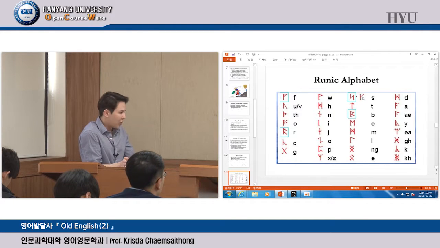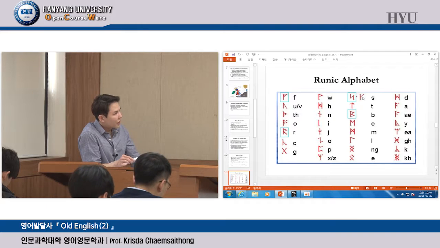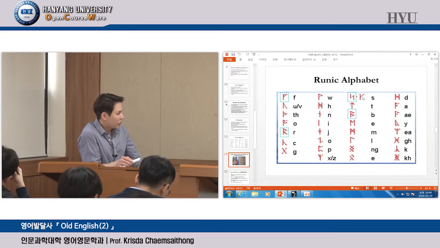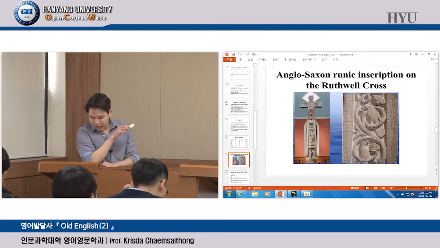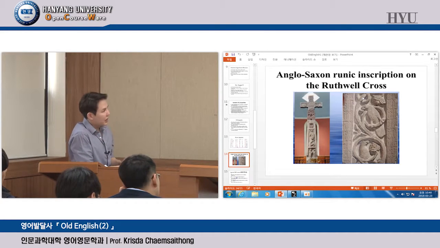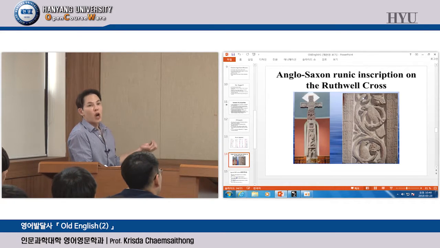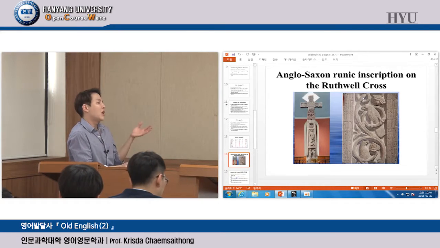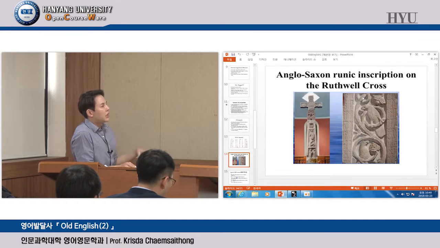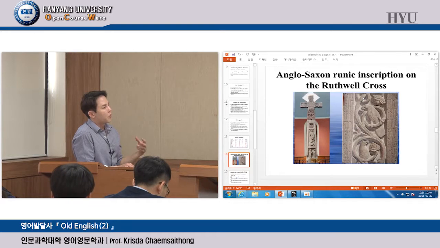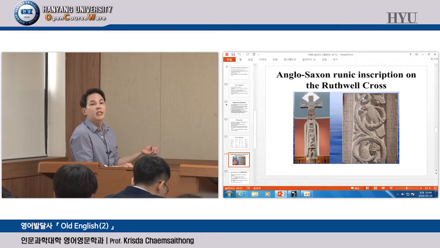You have already seen something like this before, so I'll go through this quickly. What is interesting about this picture is that it's a stone cross, a cross made of stone. And I think it was created in the 8th century.